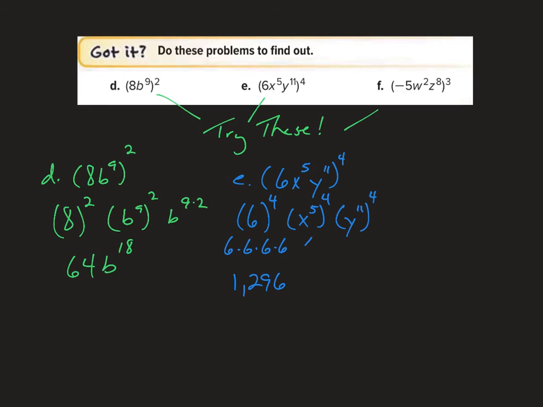X to the 5th to the 4th would be x to the 5 times 4, or x to the 20th. And y to the 11th to the 4th would be y to the 11 times 4, or y to the 44th power.